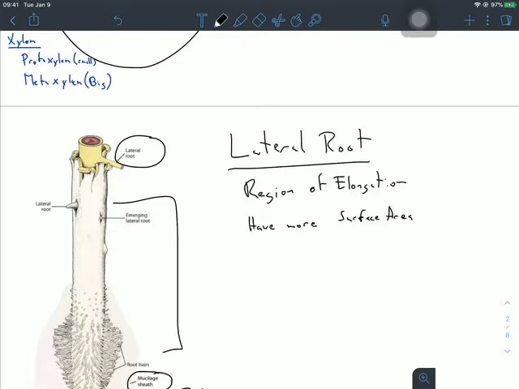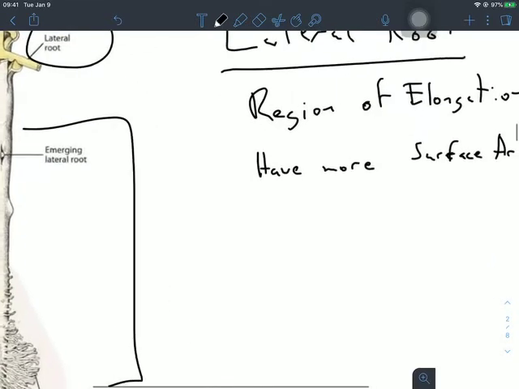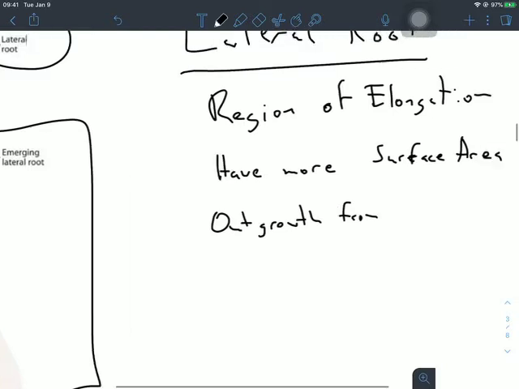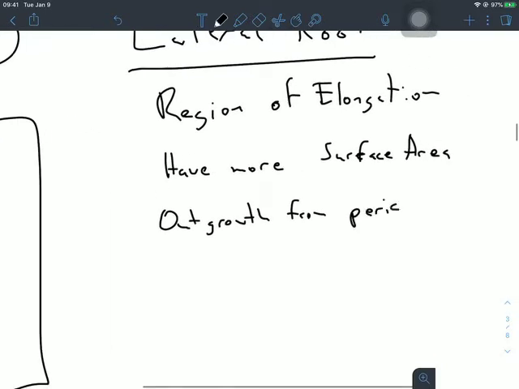Now, the lateral roots also allow for additional surface area by having the root grow sideways. These lateral roots, as I mentioned before, are actually outgrowths from the pericycle. Because the pericycle is still your ground tissue that's a little bit more meristematic. It has the ability to flex between different types of tissues.